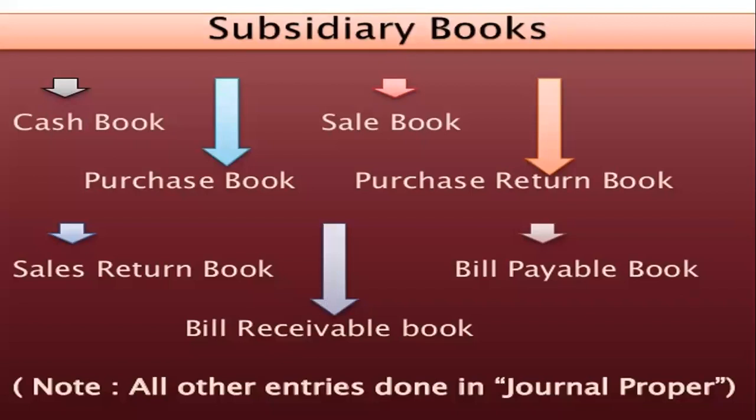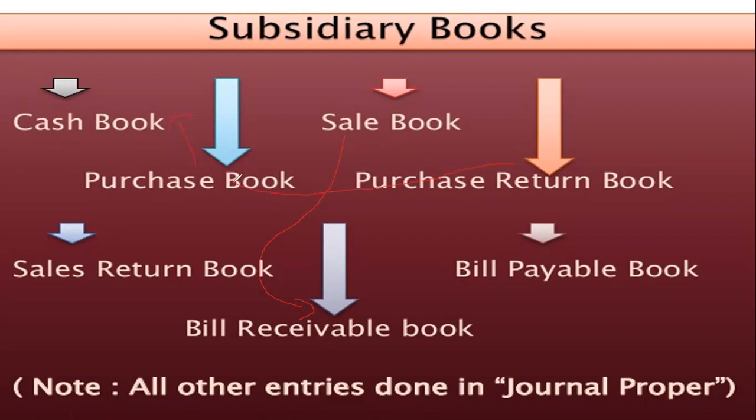Subsidiary books are mainly divided into three main categories: cash book, purchase book, and sales book. Along with purchase book, there come purchase returns and bills payable. Along with sales book, there come sales returns and bills receivable. So, a purchase transaction, if it is made in cash, will be entered only in cash book.